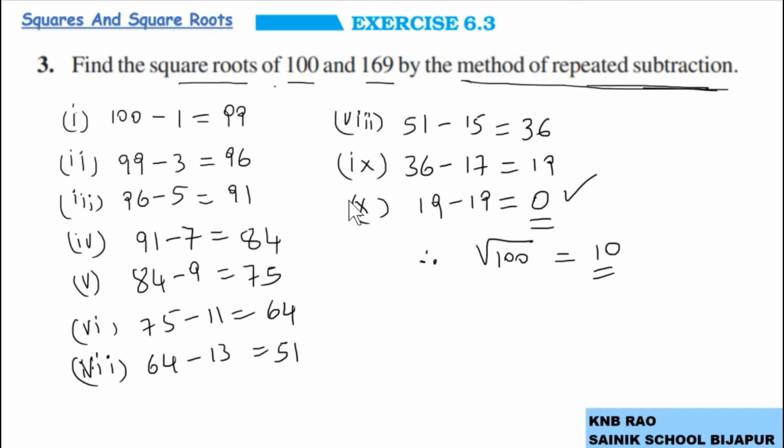In finding the square root of any number by the repeated subtraction method, we will do the same procedure. Even for 169, we have to continue up to step number 13, where only at step 13 you will get the difference 0, and the square root of 169 becomes 13.